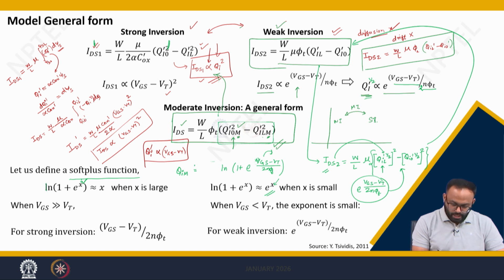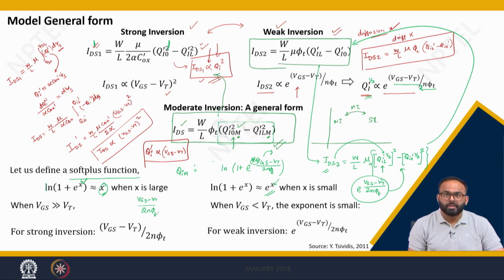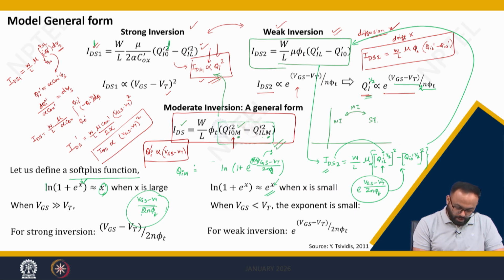Now what will happen for strong inversion? For strong inversion, x is large. If x is large, this function will give me what? X. So e to the power x, what I have taken? Vgs minus Vt divided by 2 into n into phi t. So when x is large, this function will give me this value, but what I am actually expecting? Vgs minus Vt. So I need to multiply with 2 into n into phi t outside, correct?